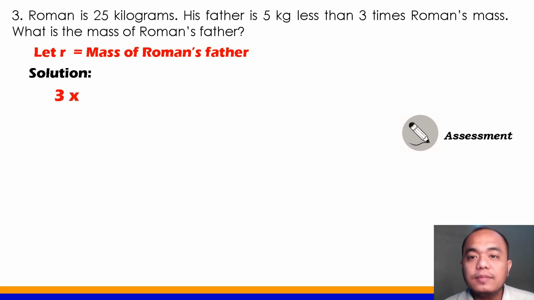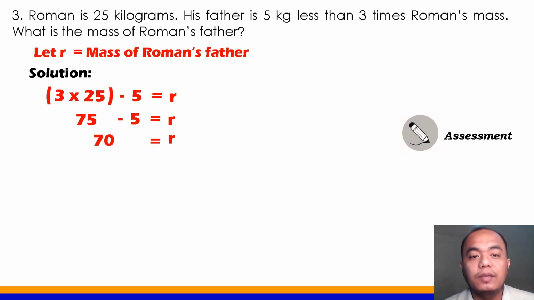So, 3 times Roman's mass is 25. Okay? So, enclose that inside the parentheses. And then less than. That represents subtraction. And then 5. And then equals R. Very easy, right? So 3 times 25 becomes 75 minus 5 equals R. And then 75 minus 5 becomes 70 equals R.